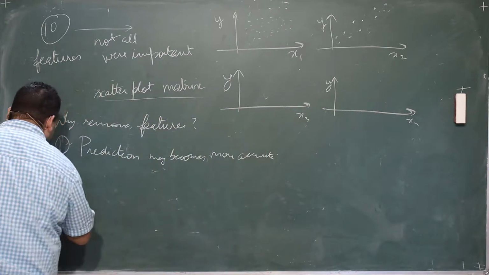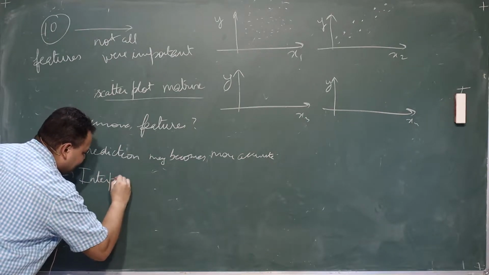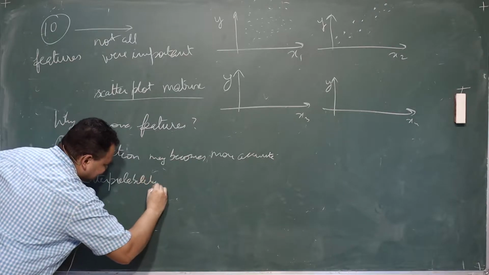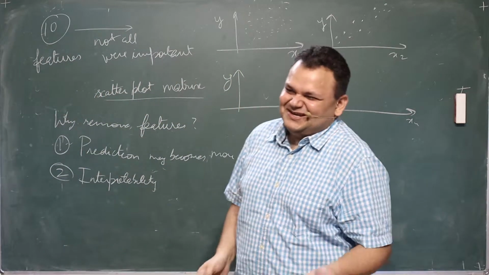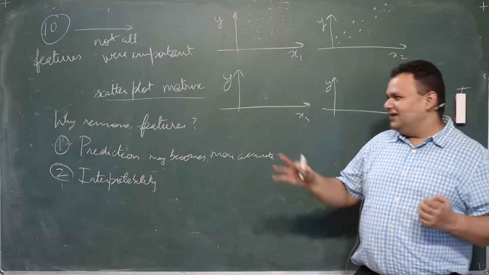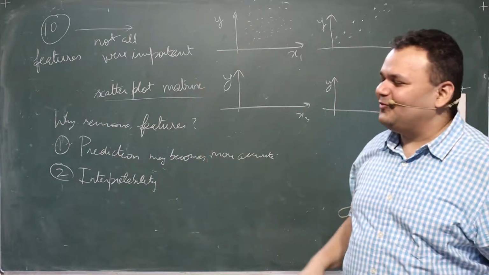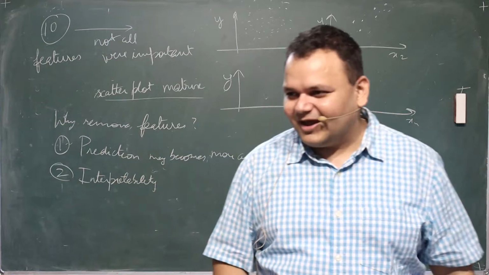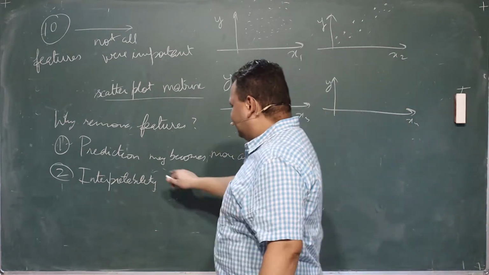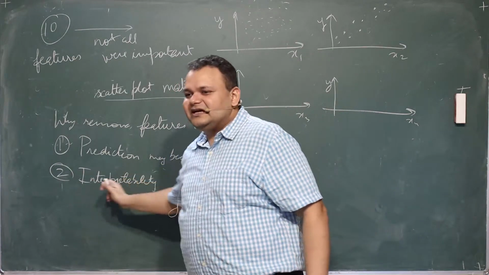Another important thing is interpretability. If you had 10 features, it is very hard for a human being to explain many of the phenomena of a model. If you have only 2 features, it becomes much easier. So you want to reduce the complexity as much as possible to increase the interpretability.